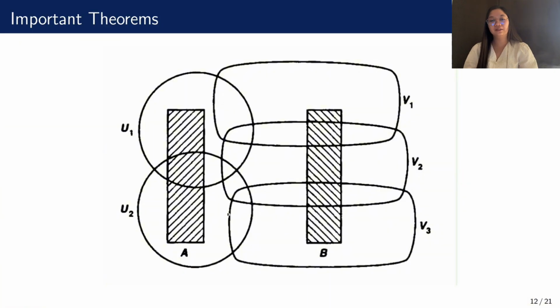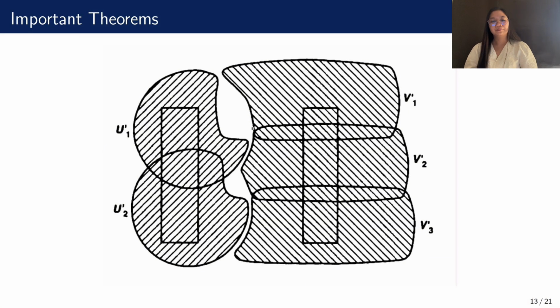So this is the new collection of modified open sets. After we trim them to remove the overlapping parts, we can see that the neighborhood of the closed set A and the neighborhood of the closed set B are not overlapping, so they are now disjoint. We have successfully proved that if the space is regular with a countable basis, then it is normal.